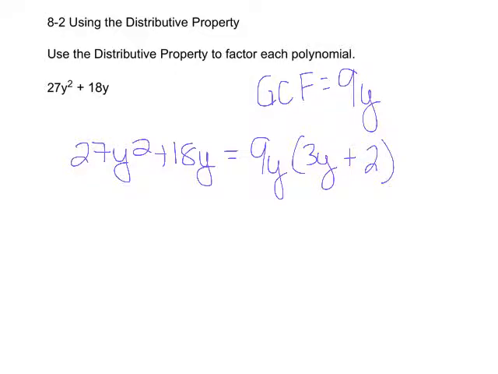And I could check that by saying, okay, if I was to distribute this 9y to both of those terms, I would get 27y squared plus 18y. So I can use the distributive property forward, and forward would be considered like this, or I can use it backwards to kind of factor out a term.